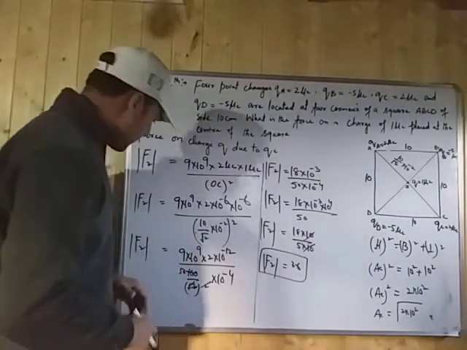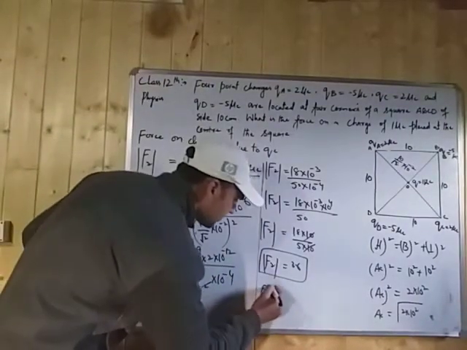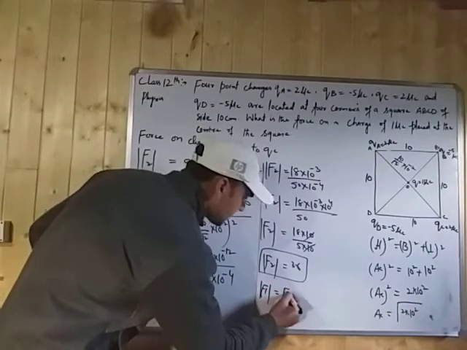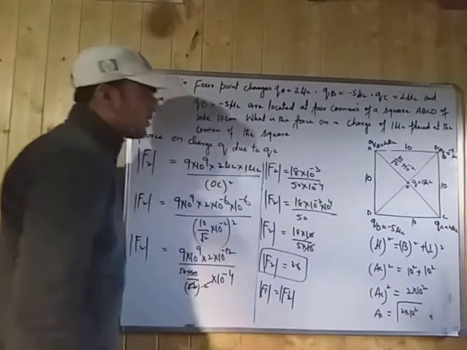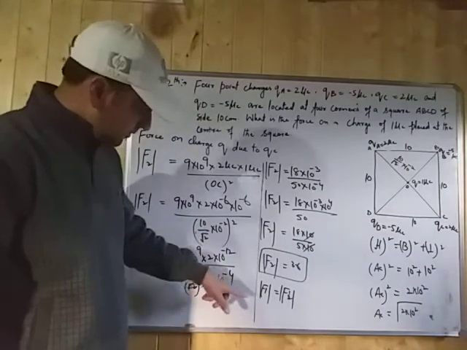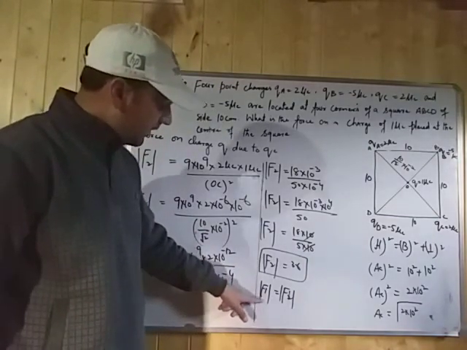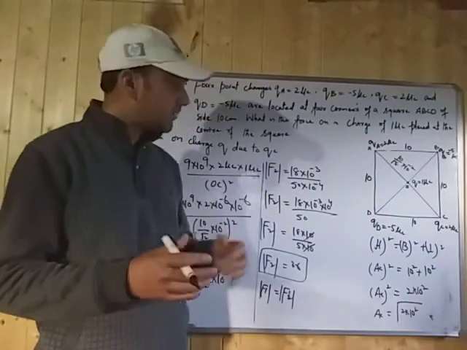So that means the magnitude of F1 is equal to the magnitude of force F2, but the direction is opposite. So F1 is equal to F2. That means the magnitudes of the forces are equal, but the direction is opposite.